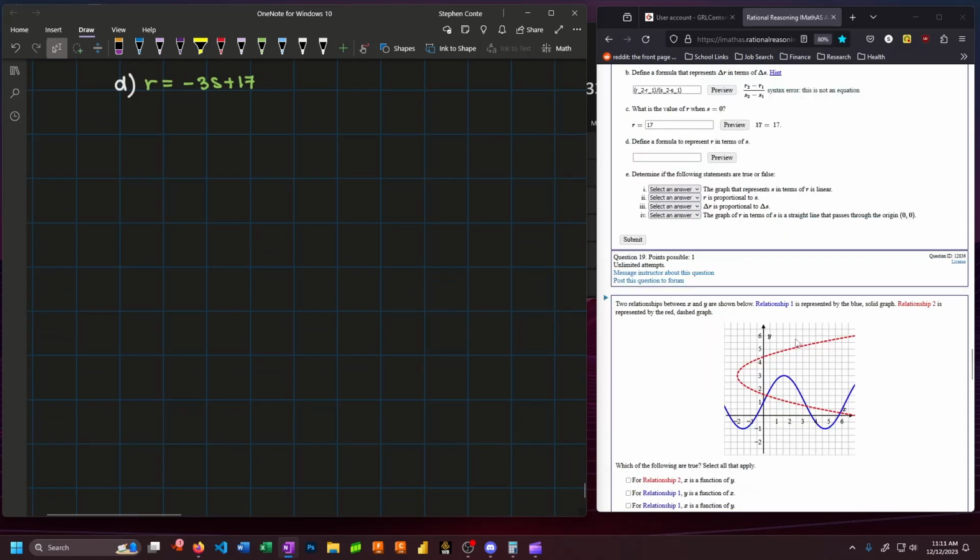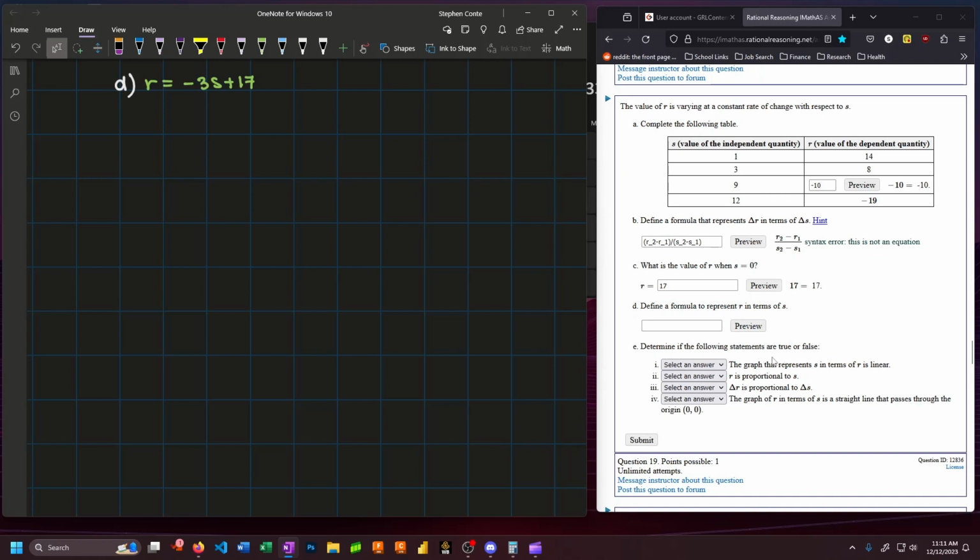Okay, and then E, the graph that represents S in terms of R is linear. Yes, that's true, right? Because we have a constant rate of change. Linear functions are represented by y is equal to a times x, where a is just some constant. That's the function of a line, the equation of a line. It could also be plus some other constant, which is a vertical shift, right?